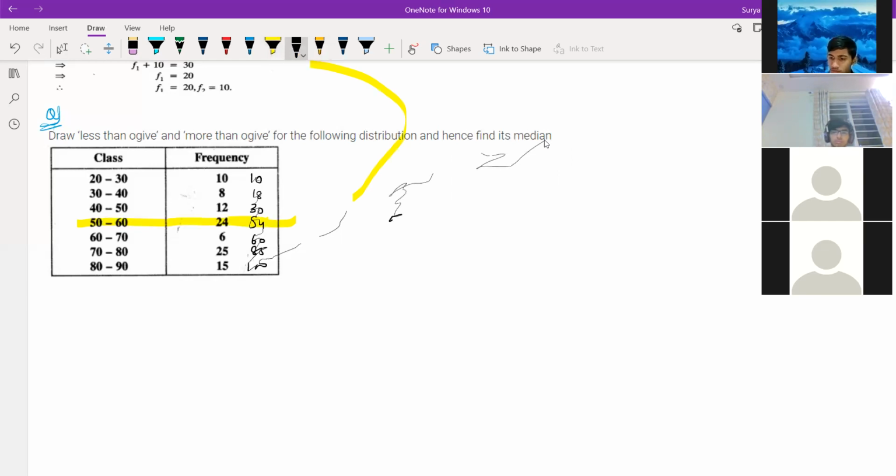L is 50. Then plus N by 2, what is N by 2? 50, right? N by 2 minus CF. What is CF here? 30. Divide by F. F is how much? 24.